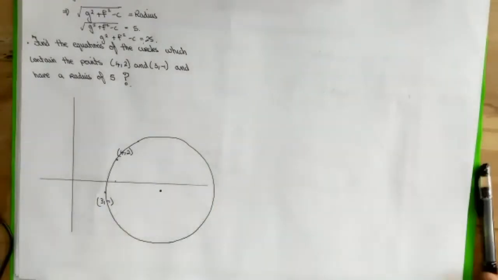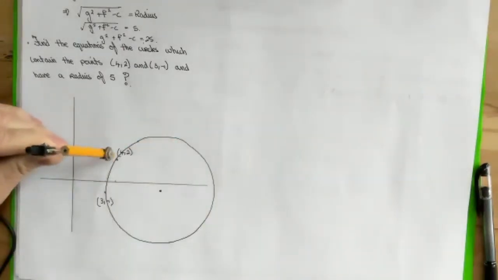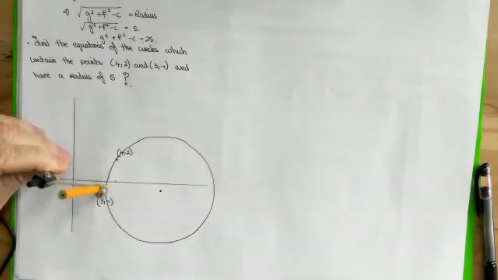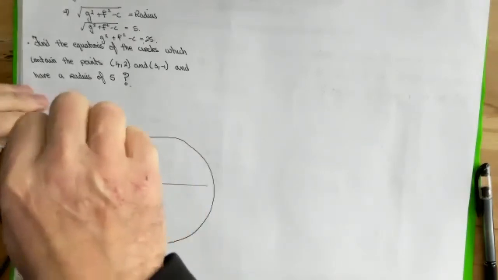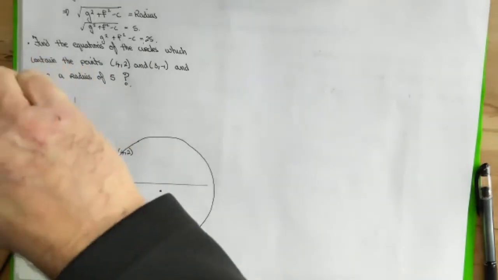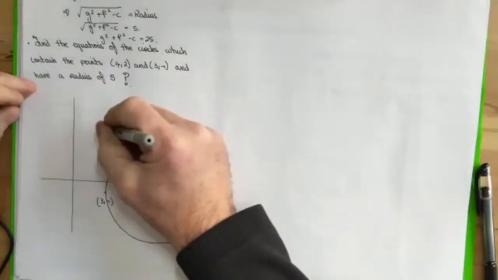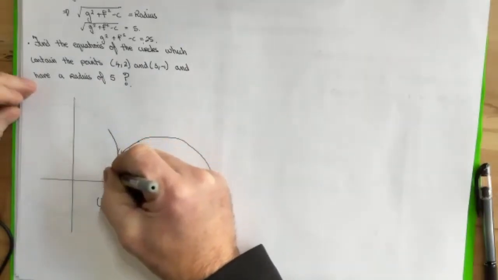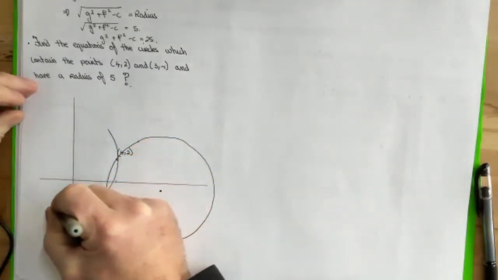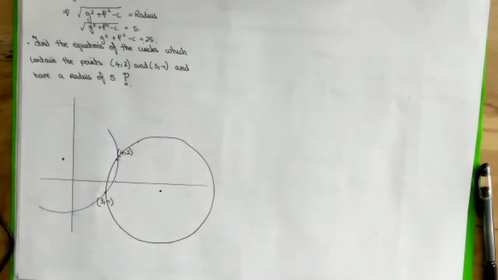Of course, there is another such circle that would satisfy that, going the other side. So in this case, I'd expect to get two different circles for my answers. That's another circle that goes through (4, 2), goes through (3, -1), keeps going along, and it also has a radius of 5. So that's what we're looking for.